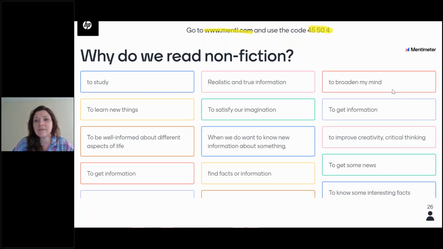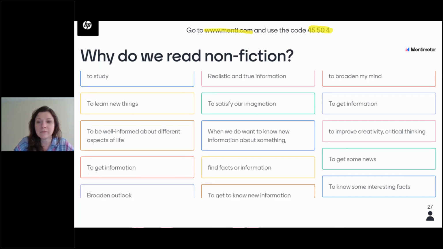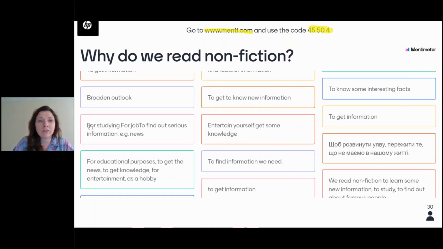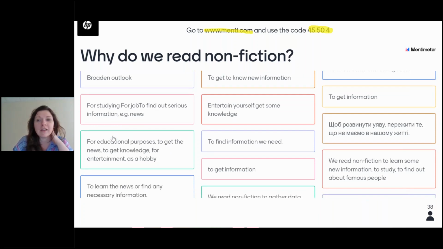Nice. To get information, to broaden your mind, to broaden outlook, for studying, for job, to find out serious information, for example, news. That's right. Entertain yourself, get the information, get knowledge, develop imagination, right?